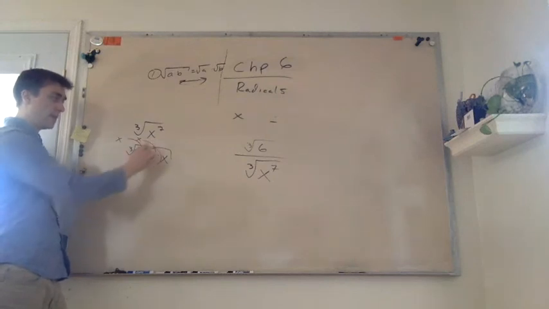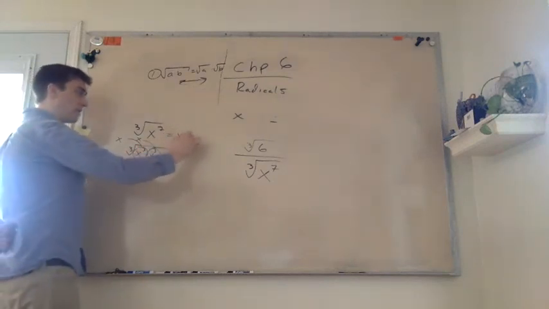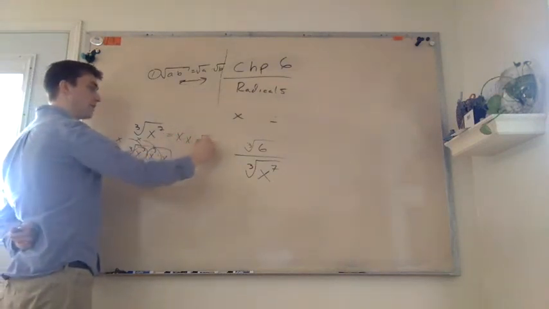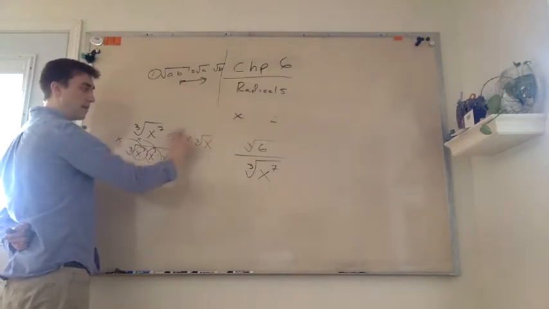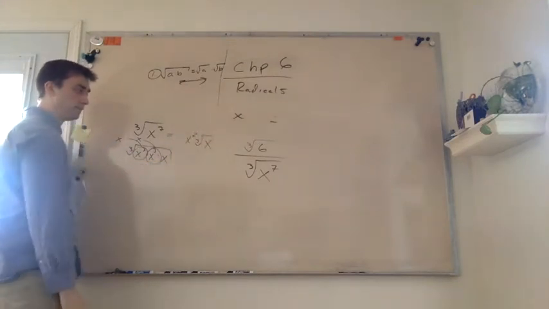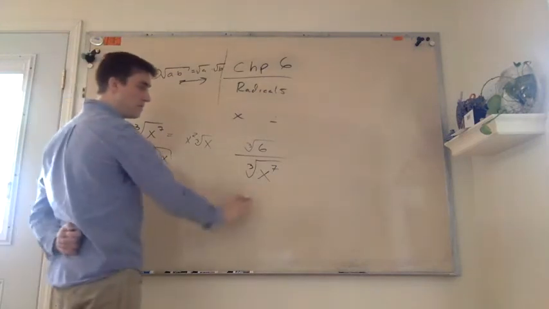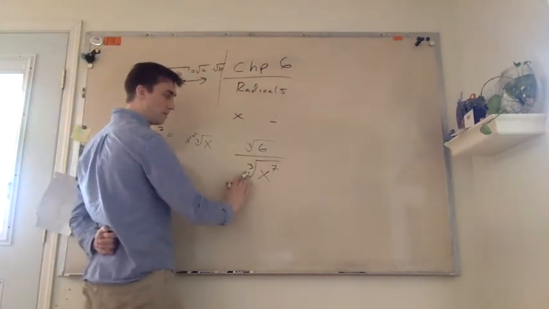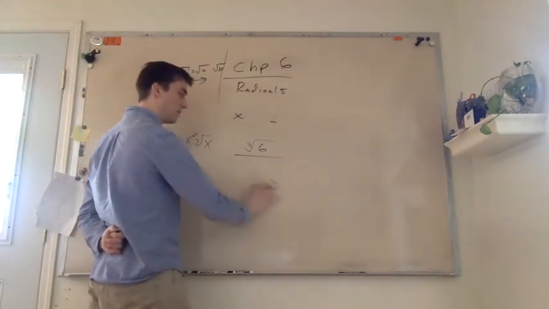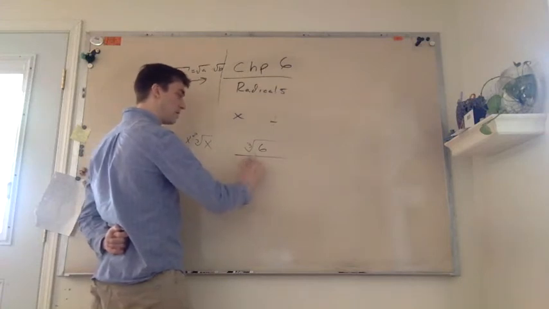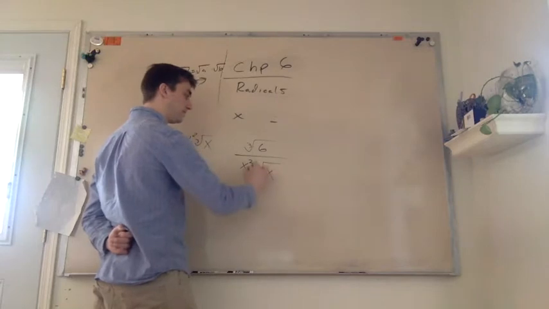So this simplifies into x times x times the cube root of x, and x times x is x squared. So before you even begin, you can simplify this into x squared times the cube root of x.